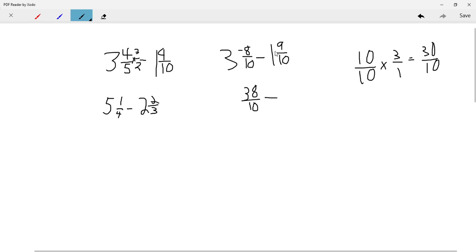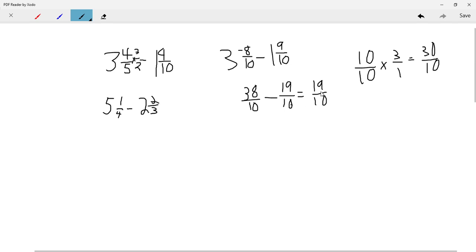We have to do the same thing here. 1 times 10 is 10, plus 9 equals 19 tenths. And then we just subtract. 38 minus 19 is 19 tenths, right? 19 plus 19 equals 38.